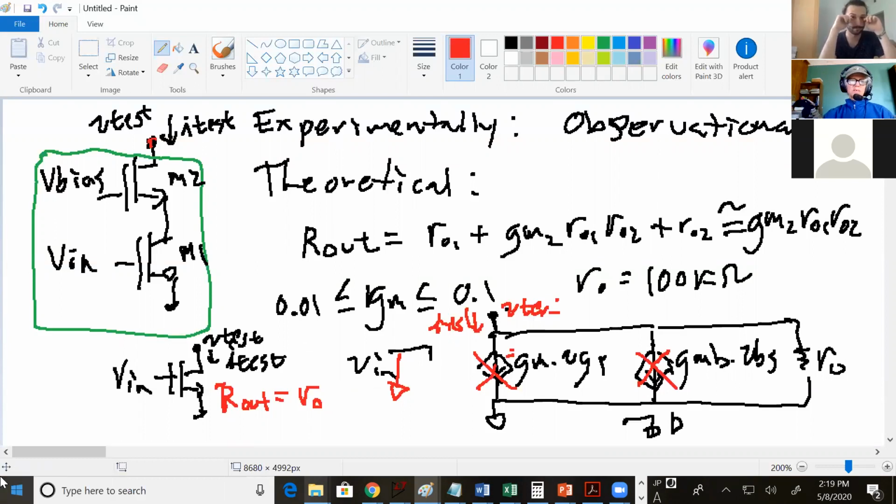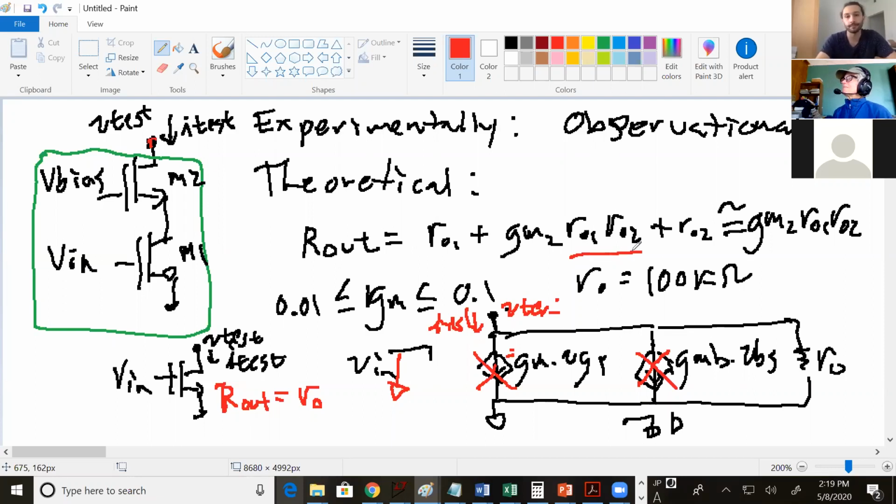But because of these voltage-dependent current sources, eddy currents kind of get generated in here, and the feedback between these 2 transistors makes this look like a resistor of actually RO squared, divided by 10 or divided by 100 because of the GM.